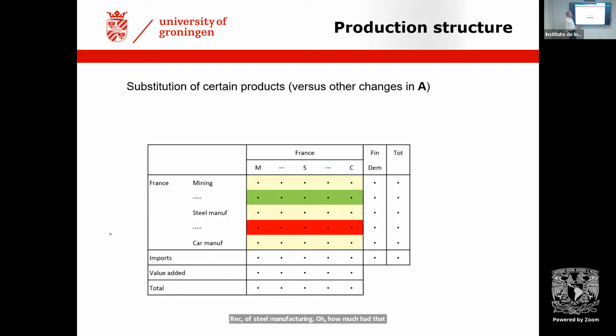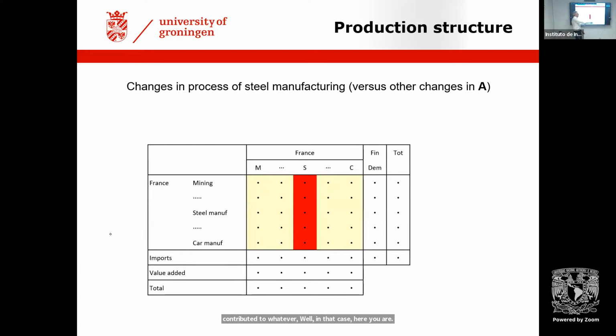You now have delta A, which consists of delta steel manufacturing and delta yellow. So you can split the delta A into a delta exactly reflecting what you're interested in, and the other changes in A. So that is why this is useful.